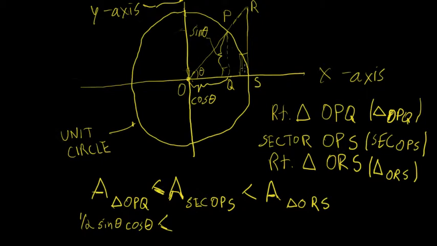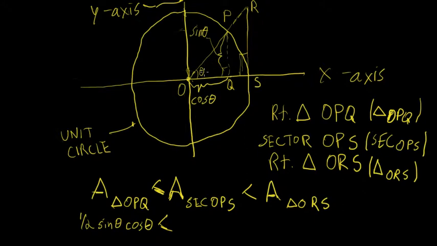What's the area of sector OPS? We know the area of a circle is pi r squared. R is 1 here, because we're dealing with a unit circle, so that would be pi times 1 squared, which is just pi. But what chunk of the circle are we looking at?